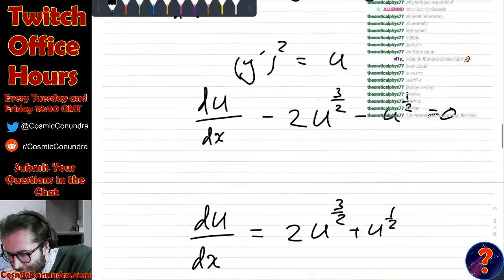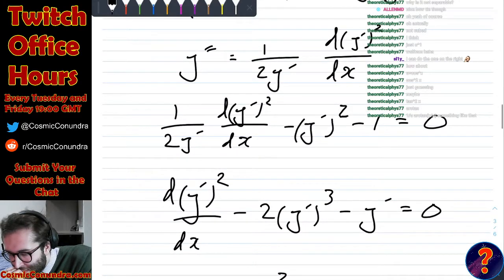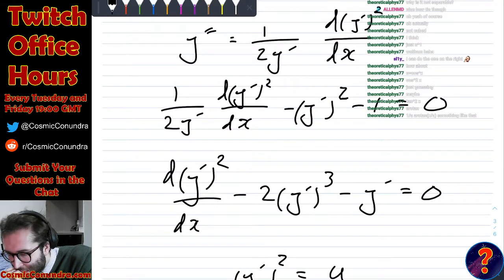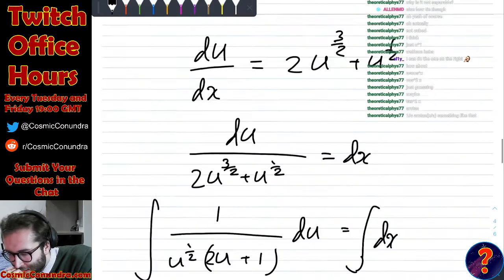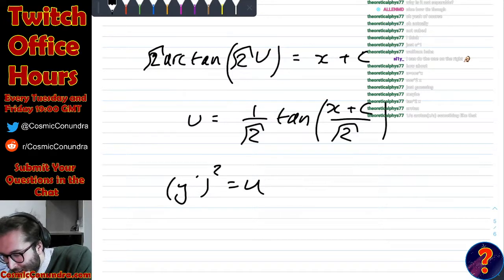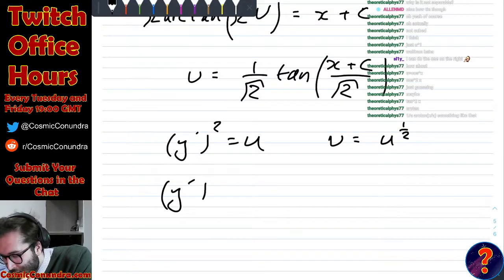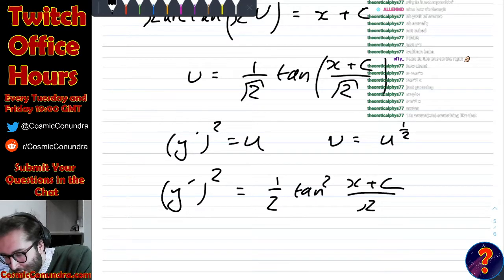So y prime squared was u, and v was u to the half. So that means y prime squared is 1 over 2 tan squared of (x plus c) over root 2.